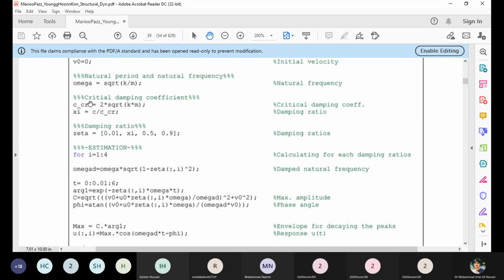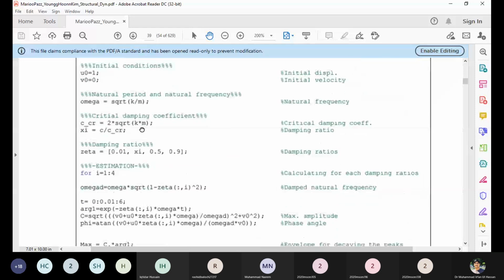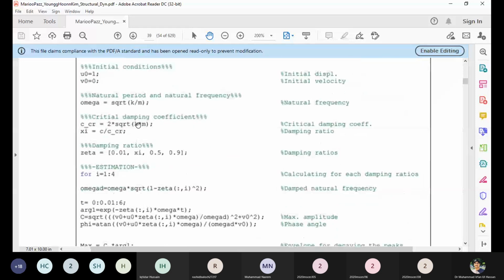Next step is to compute the critical damping coefficient, that is C_cr. So the variable name is C underscore CR, that is equal to 2 square root of K into M. So that is the computed critical damping coefficient.